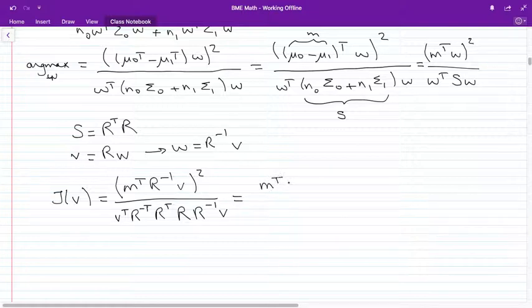Now I have M transpose R minus 1 V in the numerator squared, and in the denominator I have V transpose V.